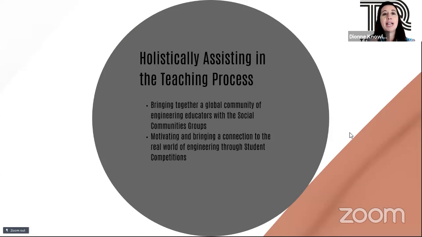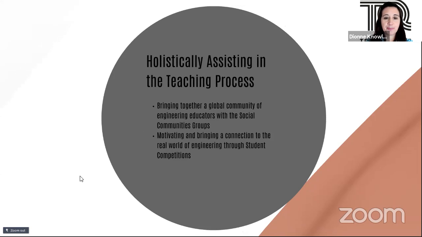Having many connections around the world, we've brought together a global community of engineering educators through social community groups on LinkedIn, on Facebook, and you can also find a community group tab on the YouTube area. We also look actively at how we can engage students beyond the equipment, like running student competitions. You can find out more about those on our website.